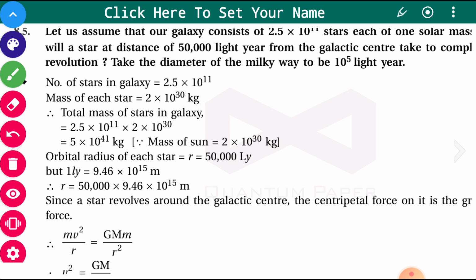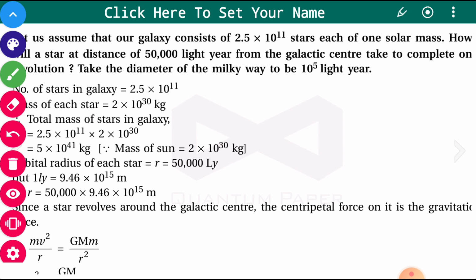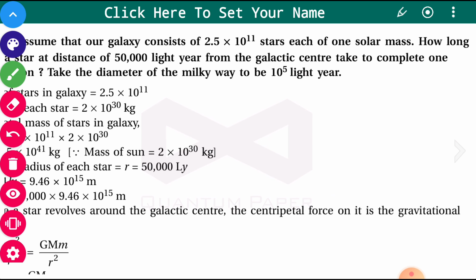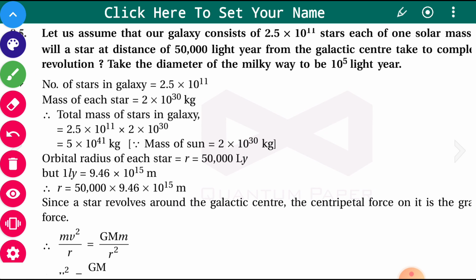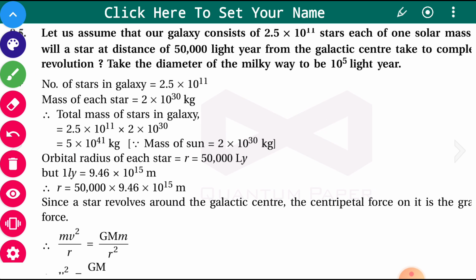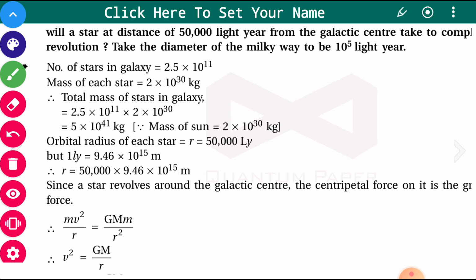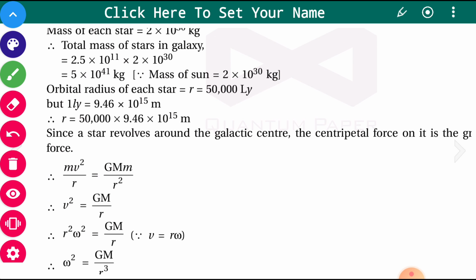How long will a star at a distance of 50,000 light years from the galactic center take to complete one revolution? Take the diameter of the Milky Way to be 10 to the power 5 light years. Now see, the orbital radius of each star will be equal to 50,000 light years, it is given.